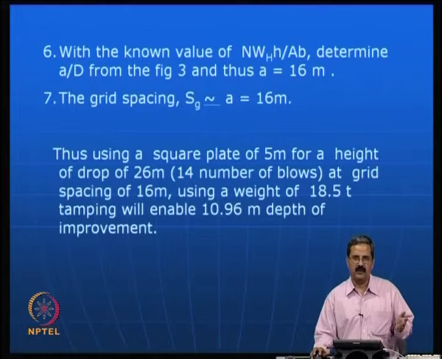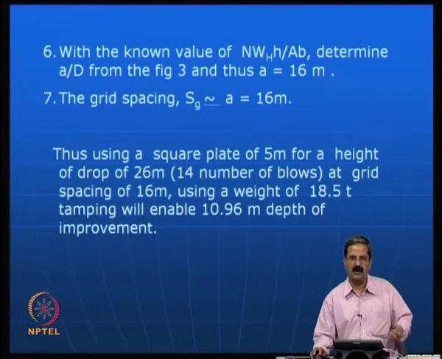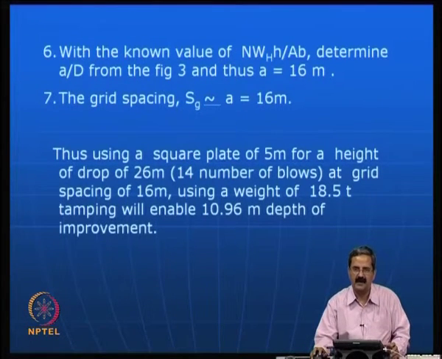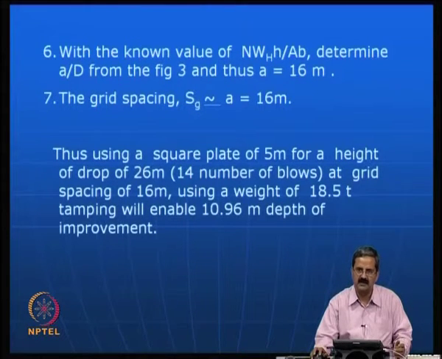In fact, if you want to go for higher depth, you can increase the height of fall, or you can always play with some of the variables and come out with whatever is required. Say for example, if you need only 6 meters, you can alter the whole design by using appropriately all the numbers. Essentially the variables are that height of drop is one variable and the spacing is another variable.